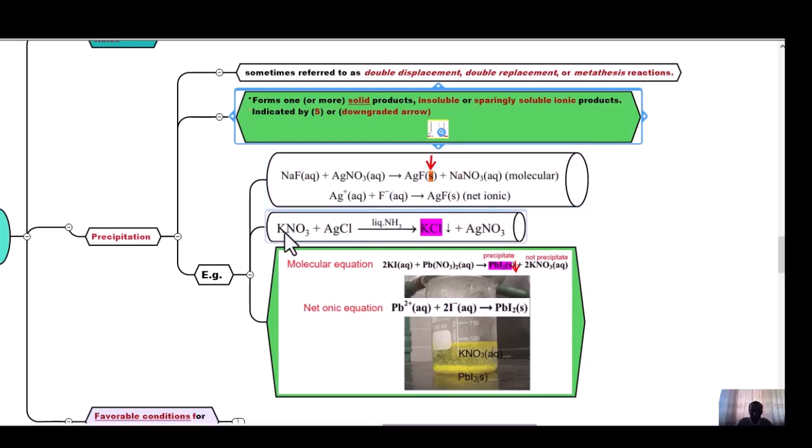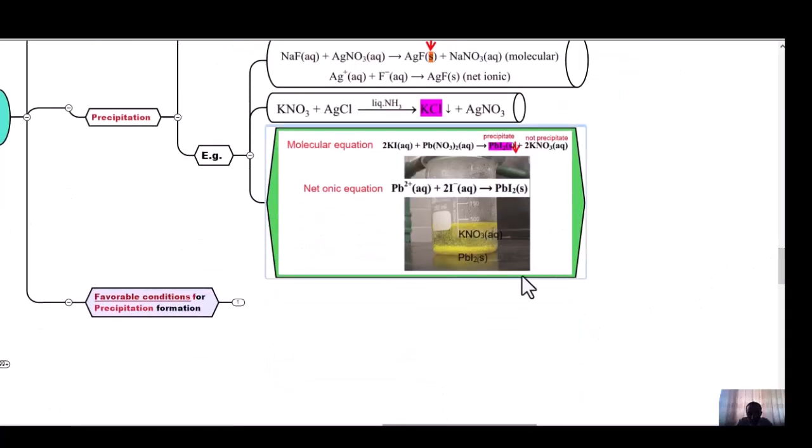Similarly, for the reaction between this and this, it produces this product and this product. From this product, this downward arrow indicates that potassium chloride is precipitated. At molecular level, you can see that when potassium iodide and lead nitrate reacted, there is a precipitate formed, that is lead iodide is precipitated, but potassium nitrate is not precipitated.